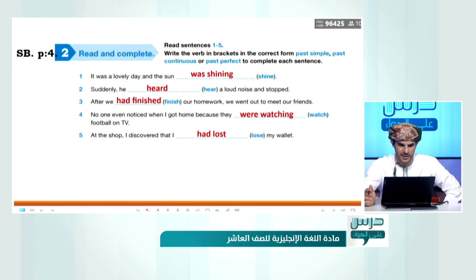Sorry about that. So number 1, was shining. I hope that you got them all correct. Number 2, suddenly he heard a loud voice. After we had finished our homework, we went to meet our friends. So 2 actions, 1, 2 before the past. After we had finished, okay, we went to see our friends.